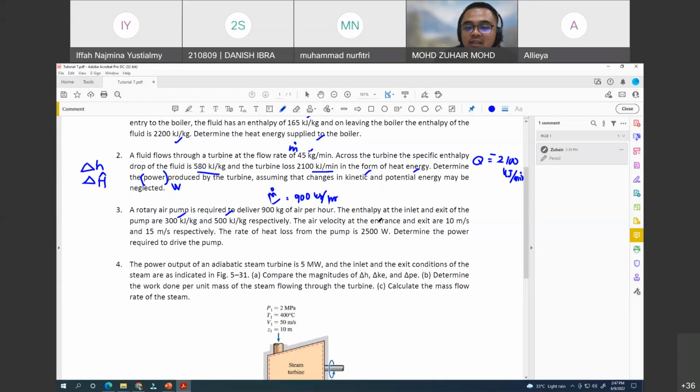The air velocity at the entrance and the exit are 10 and 15 respectively. When we have air velocity, that means we have some kinetic energy, because kinetic energy is half mv squared. The rate of heat loss from the pump is 2,500 watt. Determine the power required to drive the pump.